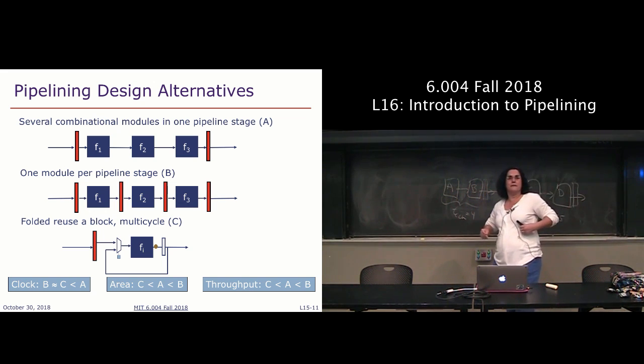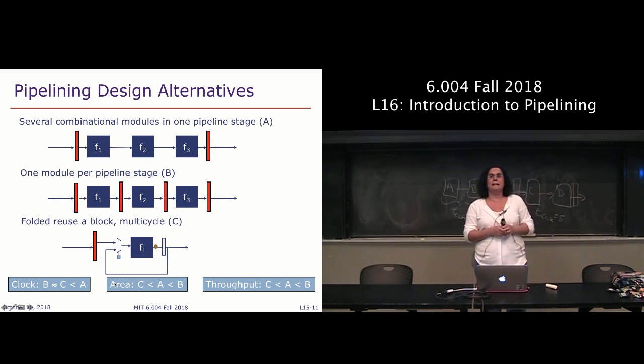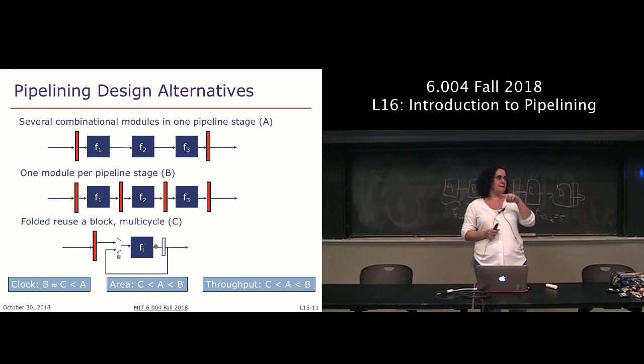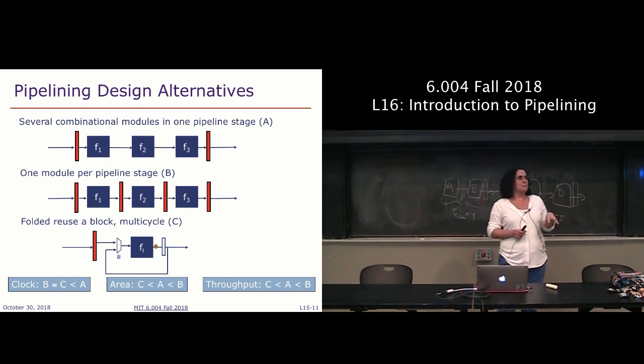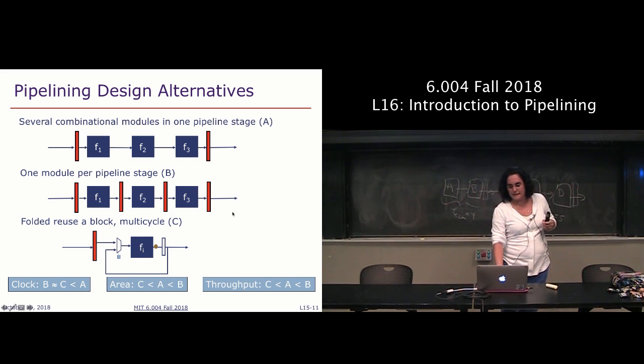So think about the fact that in C, we have a clock period that's dominated by the slowest of the three components, and we have to go through that portion 3 times. So basically, we can only produce an output once every 3 clock cycles, and that clock cycle is dependent on the slowest one of these.